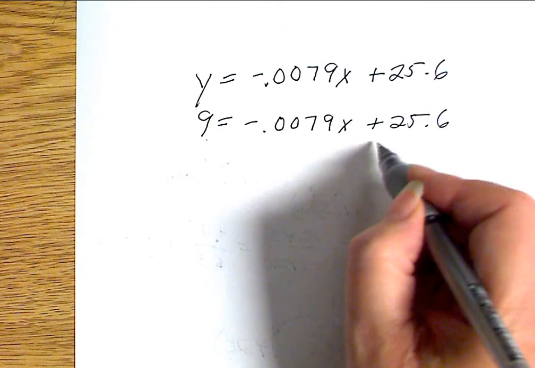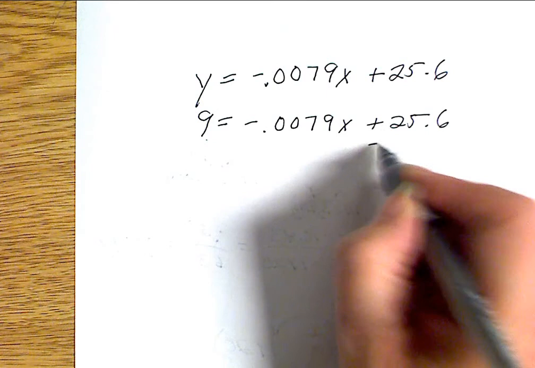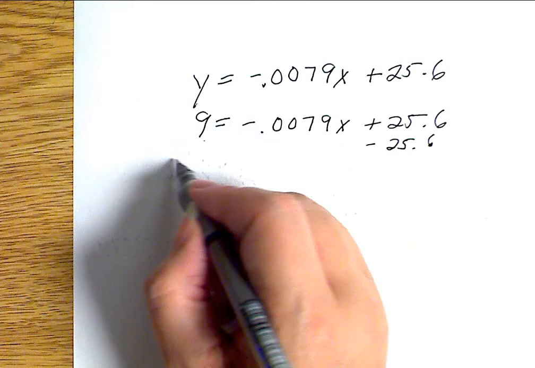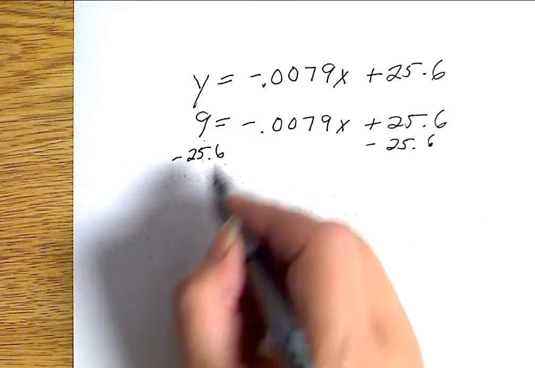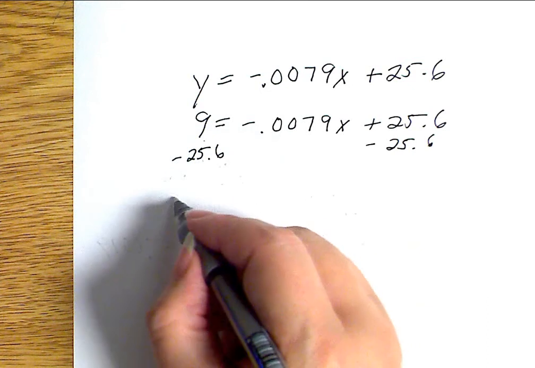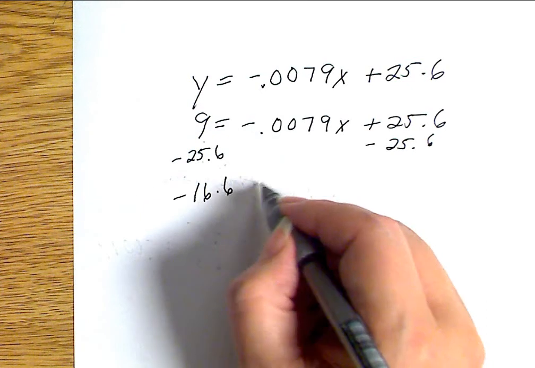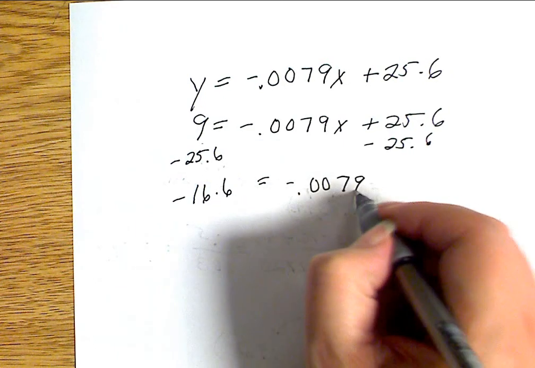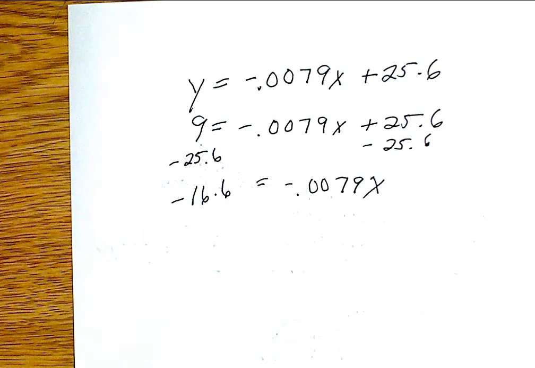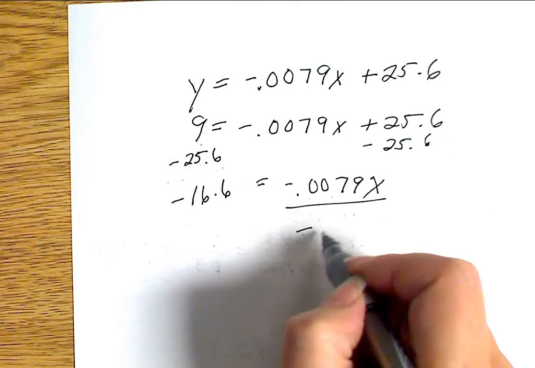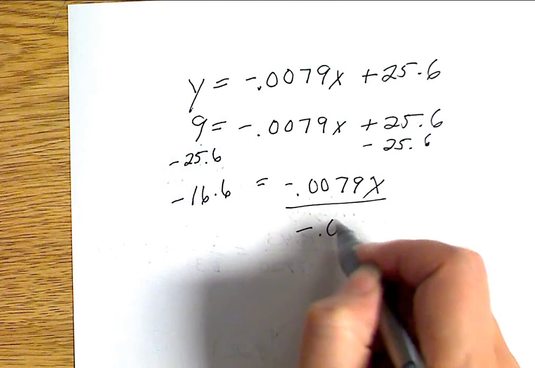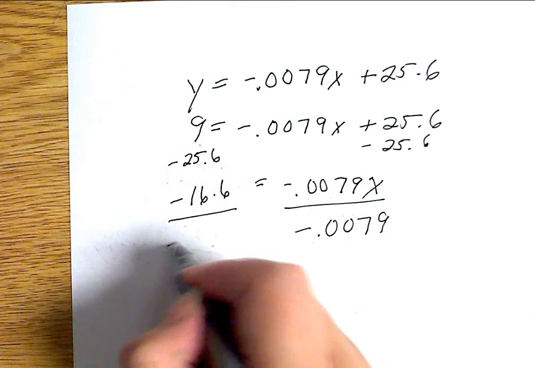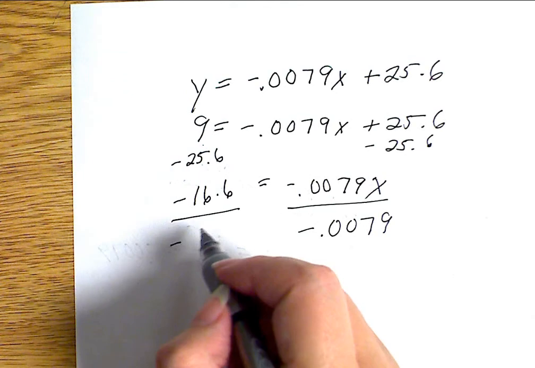So I'm going to subtract my 25.6. And I get negative 16.6 is equal to negative 0.0079x. And divide by negative 0.0079. So 21.1, 2,101.